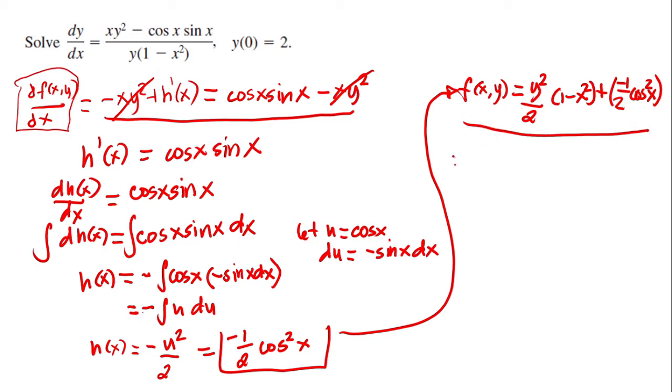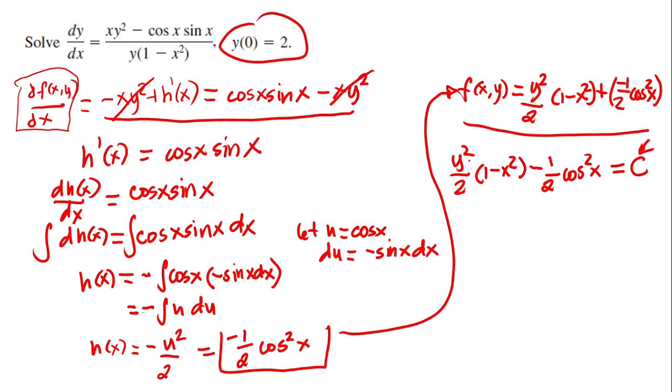So we have y squared over 2 times 1 minus x squared minus 1/2 cosine squared x equals c. We simplify this equation by multiplying it by 2. So we have y squared times 1 minus x squared minus cosine squared x equals c, since a constant multiplied by a constant is just a constant.